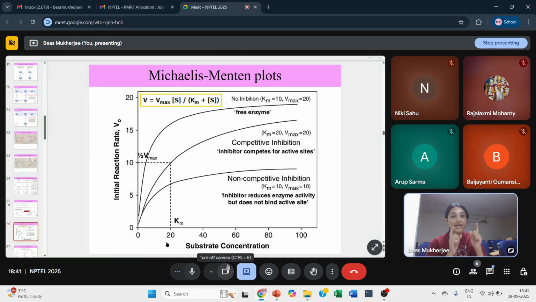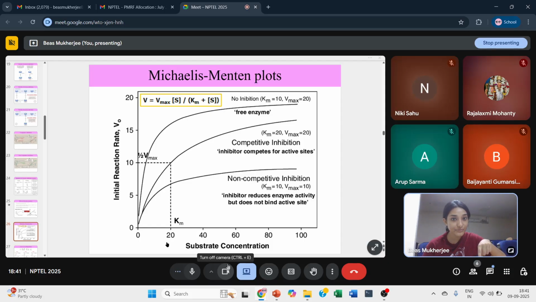Now if these inhibition models are represented in the Michaelis-Menten curve, how are they going to look? Your initial one is there, no inhibition. Then comes competitive inhibition. So what happens?